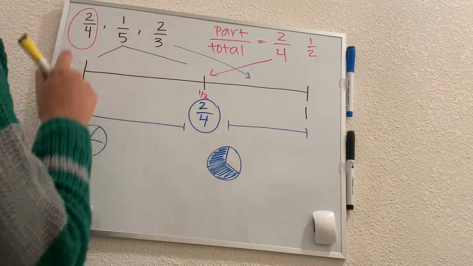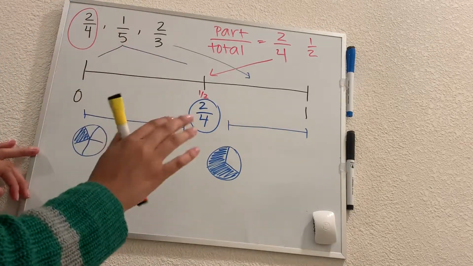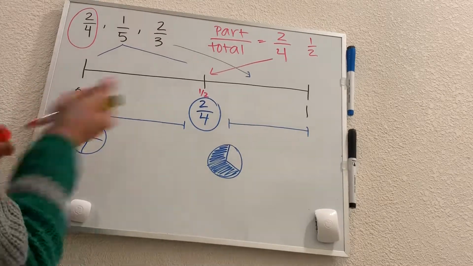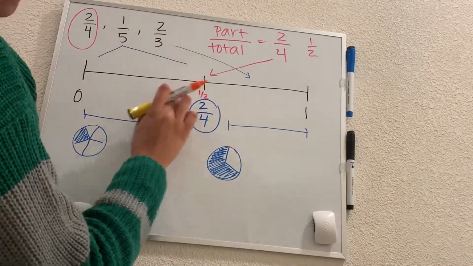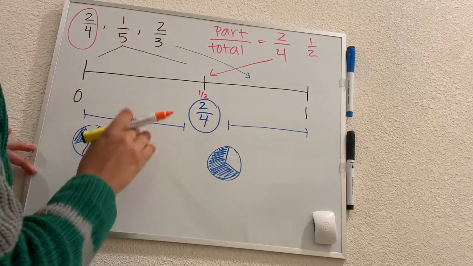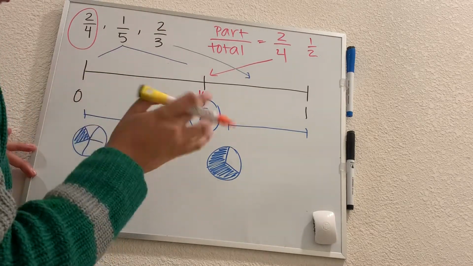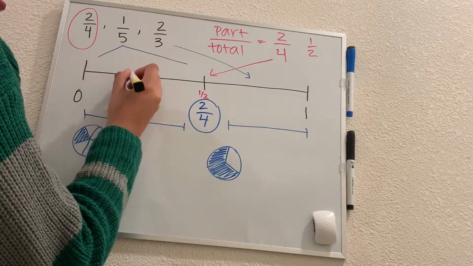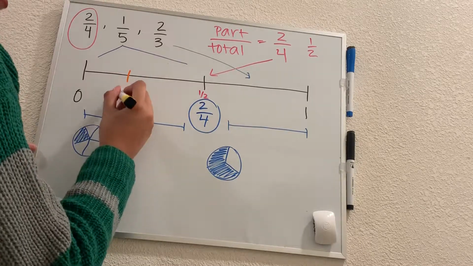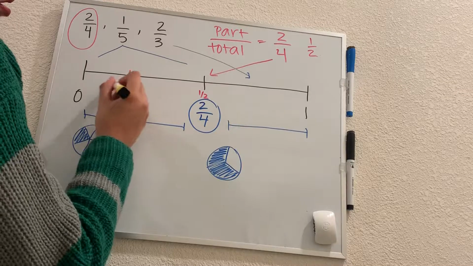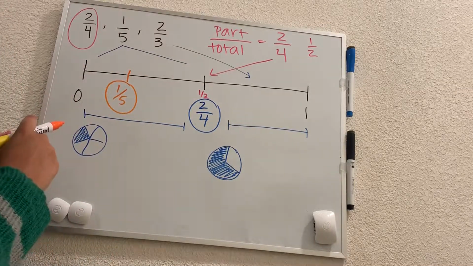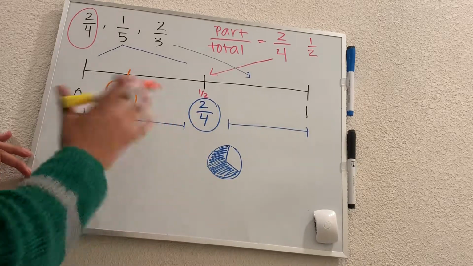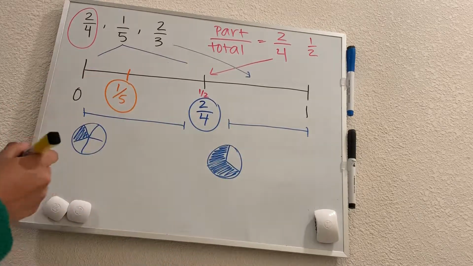Is 1 really close to 2.5 or semi-close? If it's really close to 2.5, it'll be over here. Since 1 out of 5 is not really close to half, we're going to move it somewhere around this area. So you can say 1/5 goes around here, if we're just estimating, because it doesn't say to give an exact, so that's what I'm assuming.